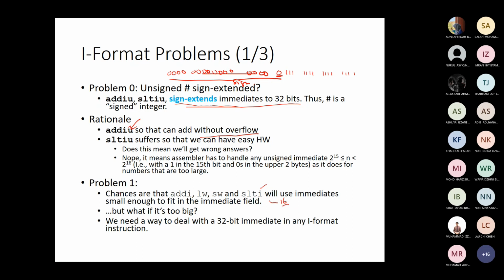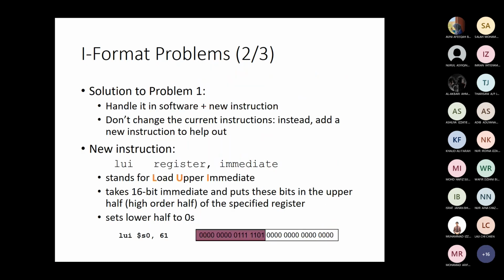But what if we need to operate on big data, and it's too big? We need a way to deal with a 32-bit immediate in any I format instruction. The solution is that we can handle it in software plus new instructions. Don't change the current instructions; instead, add a new instruction to help out.